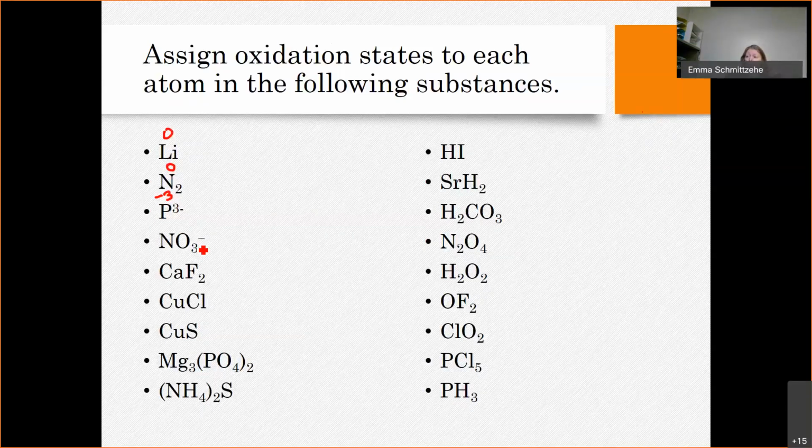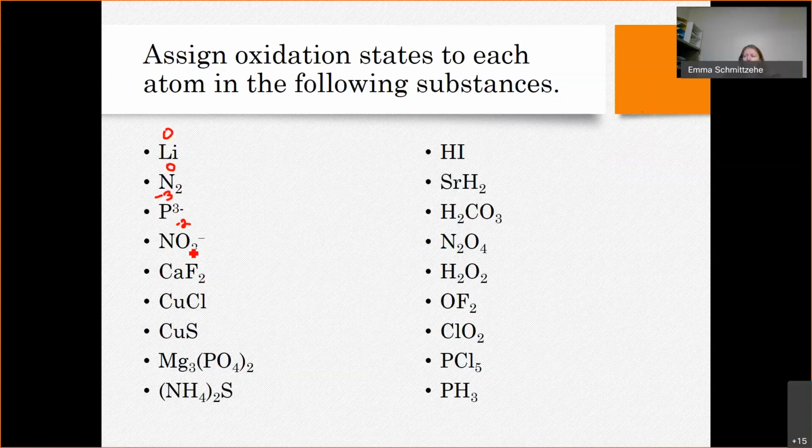So NO3 minus, nitrate ion. Well, oxygen, I told you should assume is -2 when it's in some sort of compound, right? It's in a polyatomic ion, which is a charged compound. So the oxygens have a -2 charge, but you have to be careful. That applies to all three of those oxygens. You still would say the oxygen has a -2 oxidation state.